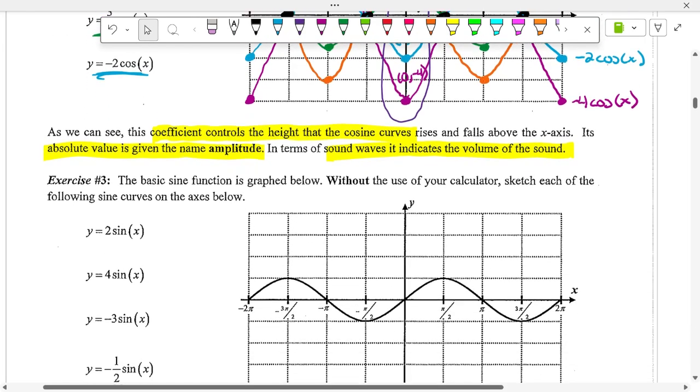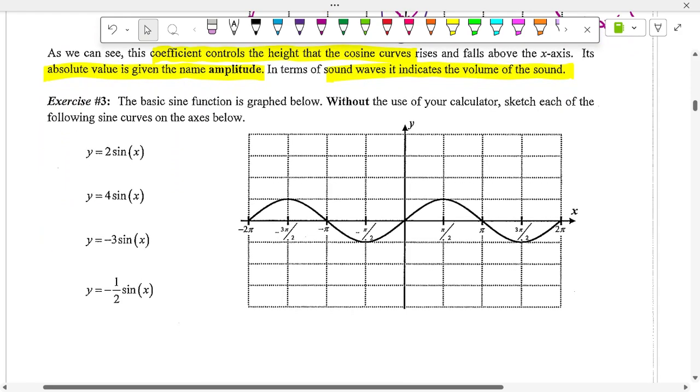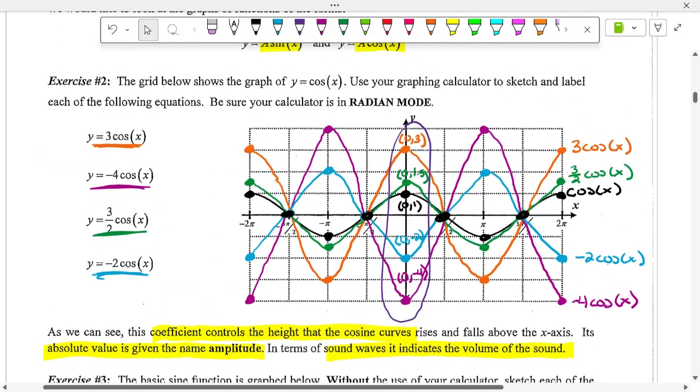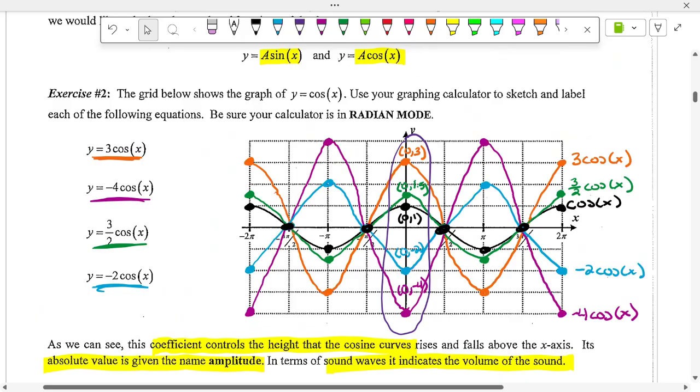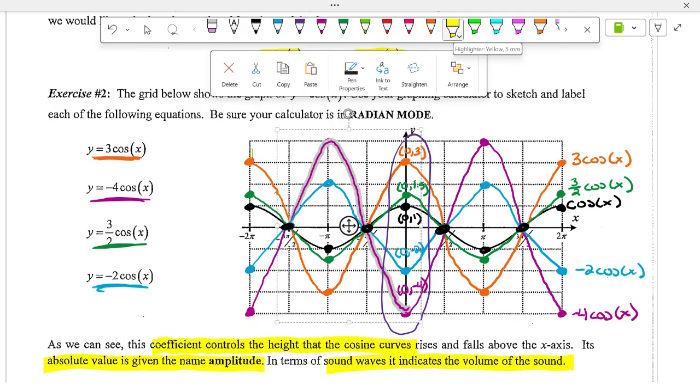So now let's see if we can try and figure this out without the use of Desmos. But it's okay, because think about it. So what do you think I did to each of these points? If the original was at 1, what did I multiply it by to get to the orange?